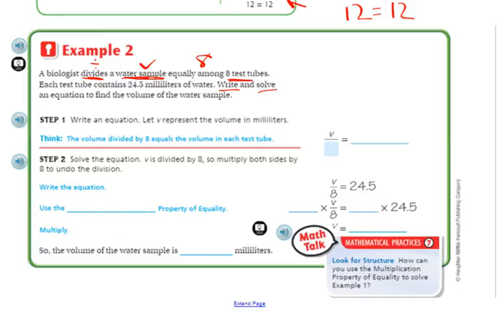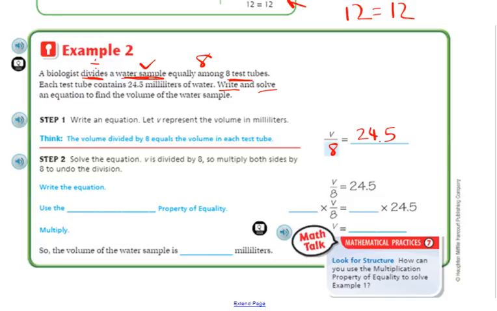So we're dividing V by 8, and that's going to equal the 24.5, which is in each test tube. All right. So we have the equation V over 8 equals 24.5.